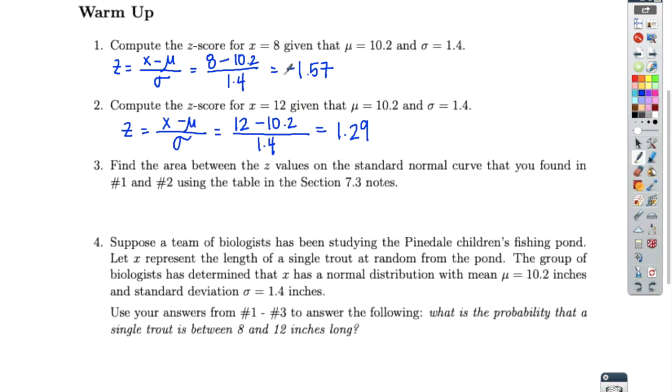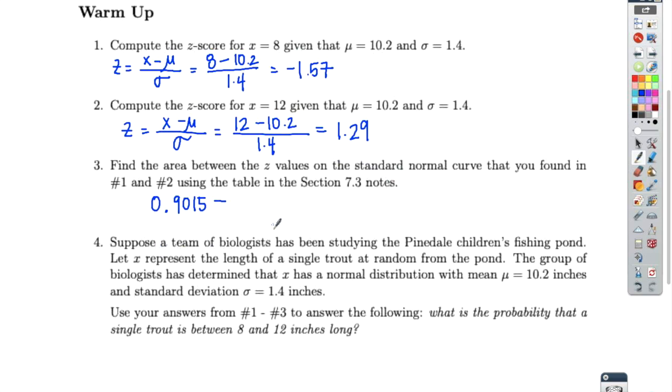For z equals, let's see, I'm going to do the larger value first. So for z equals 1.29, I find the area 0.9015.